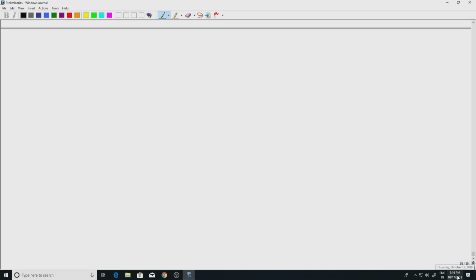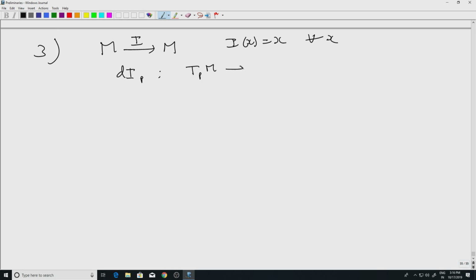The next thing that I need is that if I look at the identity map from M to M, so I of x equals x for all x, and if I look at the derivative of this at any point P, which is a map from T_P M to T_P M, this is the identity map again.